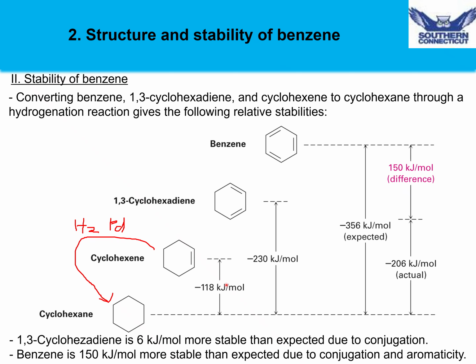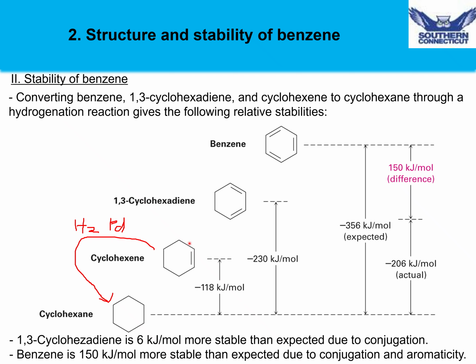In other words, if we double this value, the energy release from the hydrogenation of a single bond, we should be able to approximate how much energy should be released from the hydrogenation of 2 double bonds in this diene. When we do this experiment, we have found that the reaction actually leads to only 230 kilojoules per mole of energy being released.